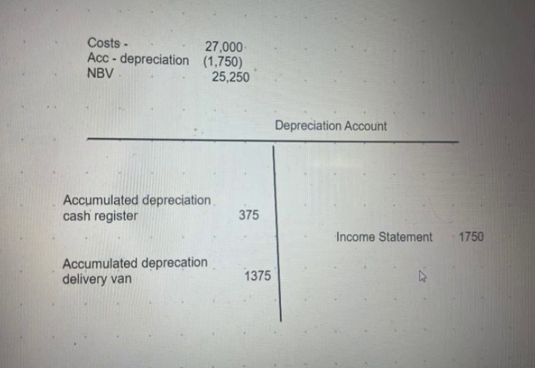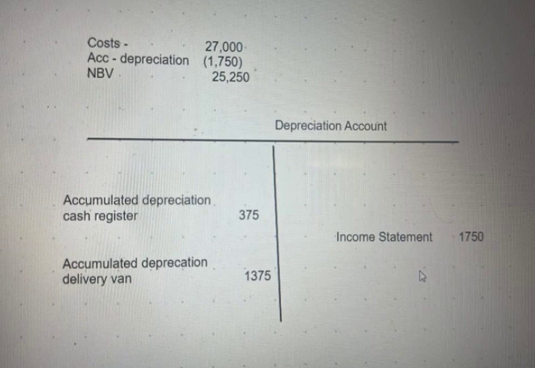Now this depreciation account over here, the depreciation expense was being debited. So what I'm going to do is I'm going to say depreciation account debit. So this is the debit side over here. And against the accumulated depreciation, what you have for your first one was the cash register, which was at a valuation of 375, I believe.